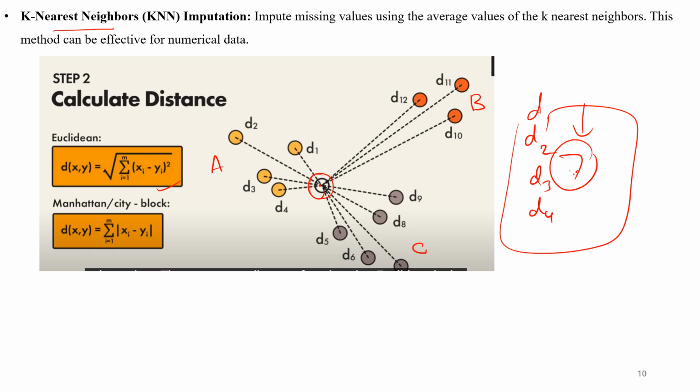First you find the distance between that particular point and the other elements, arrange the distances in ascending order, select the first few, take one particular value from those, and use it to impute. That is called the k nearest neighbor method of imputation.